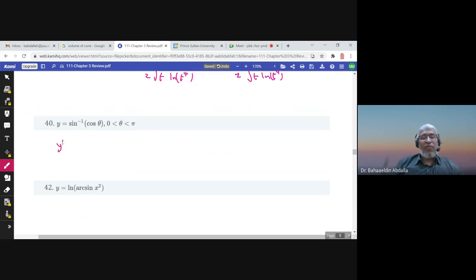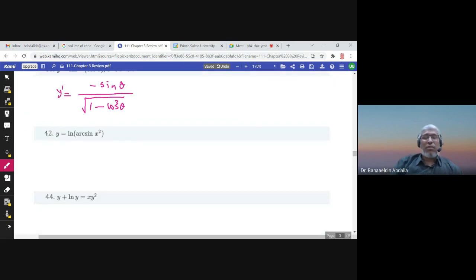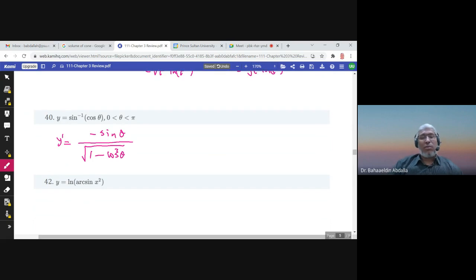Derivative of sine inverse is 1 over square root of 1 minus u square, which this time is cosine square theta, times derivative of cosine, which is negative sine theta. Well, 1 minus cosine square is sine square.